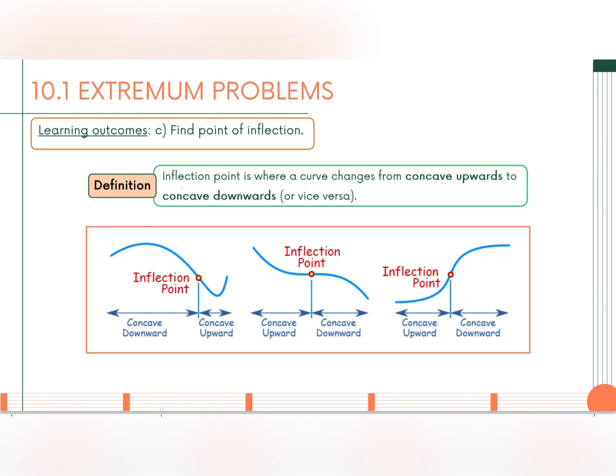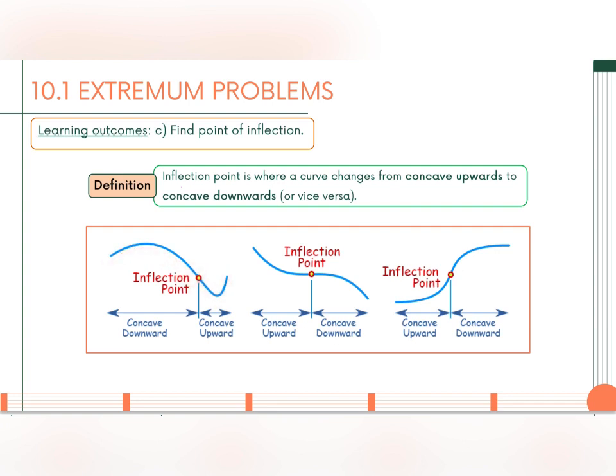So first of all, let's look at this shape of the function. So ini adalah inflection point di mana our curve daripada concave downwards it changes to concave upwards. So nampak tak daripada bentuk graf dia ni nak concave downward, lepas tu dia stop dekat inflection point ni dan dia bertukar arah kepada concave upwards.